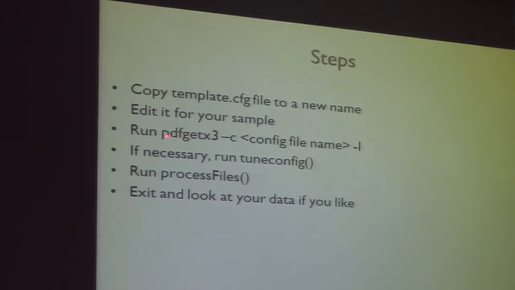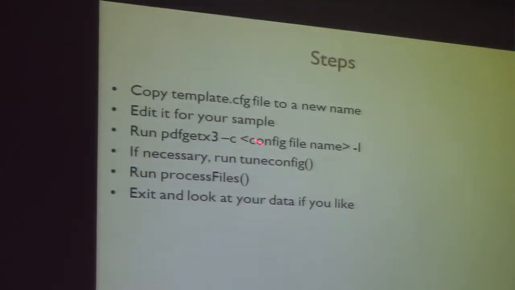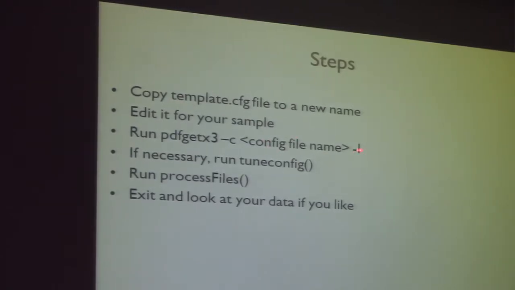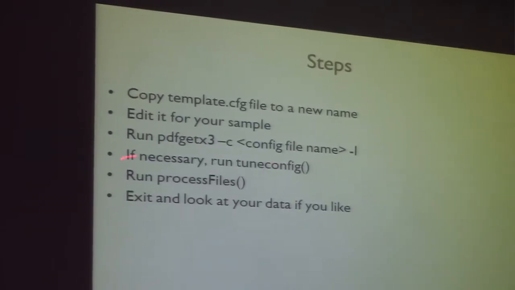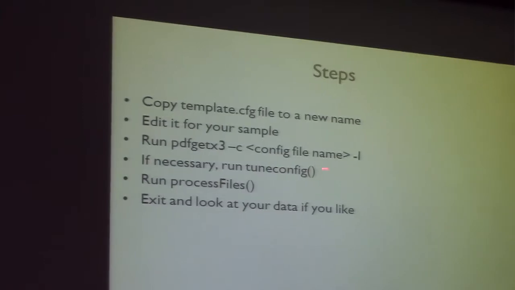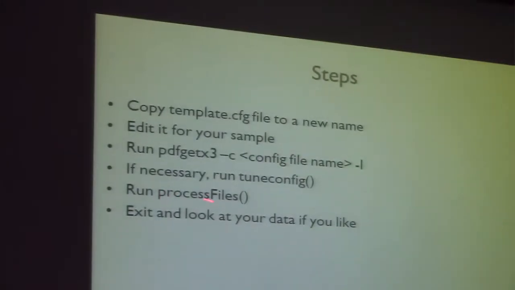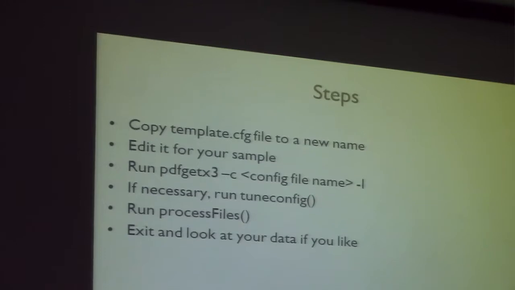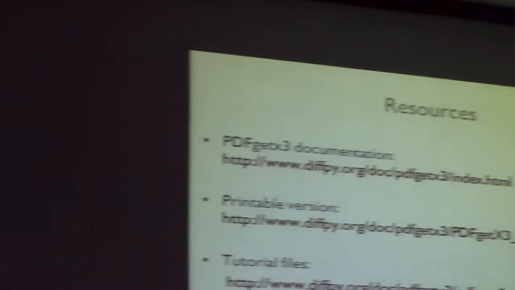Then to run the program, you just type pdfgetx3 -c, which stands for config file. cfg is config. And then the name of the file, so you've changed this to a new name, you type the name of the file, and then -i for interactive. If necessary, you'll run tuneconfig. When everything is beautiful and you're very excited and happy about it, you type process files, and that will actually write the gr files onto your disk. And you can exit and look at the data.